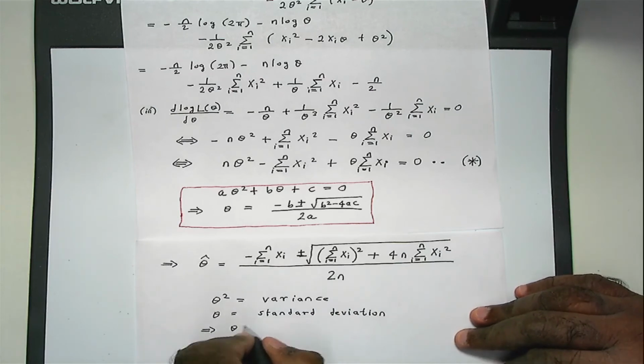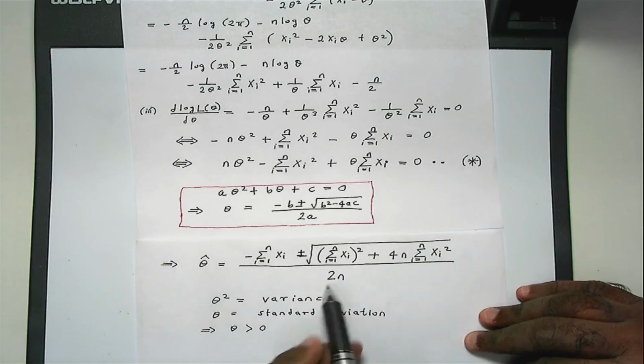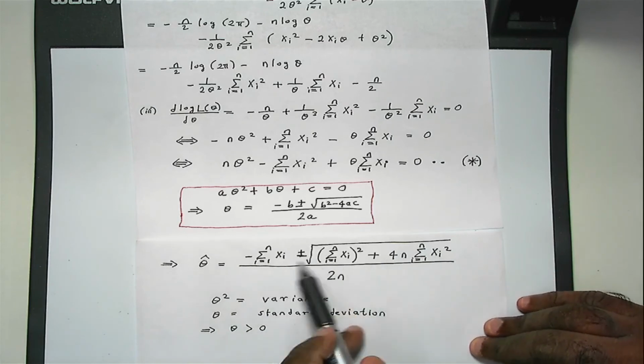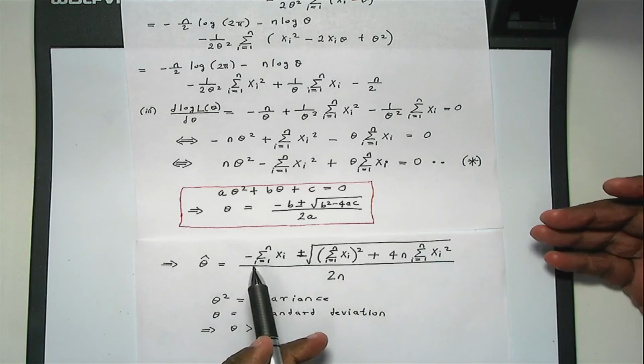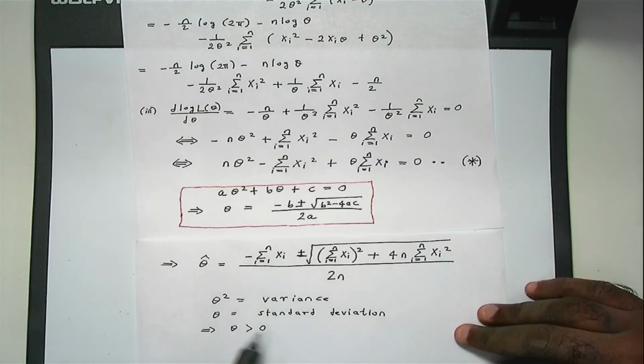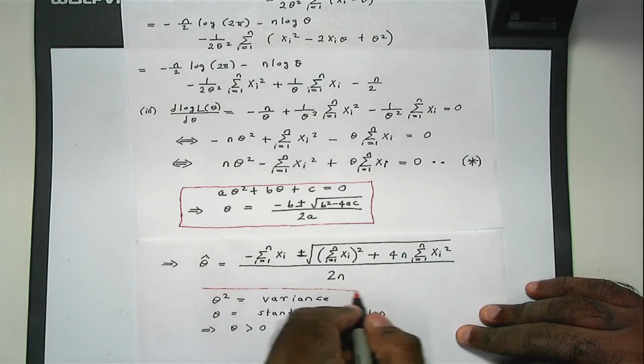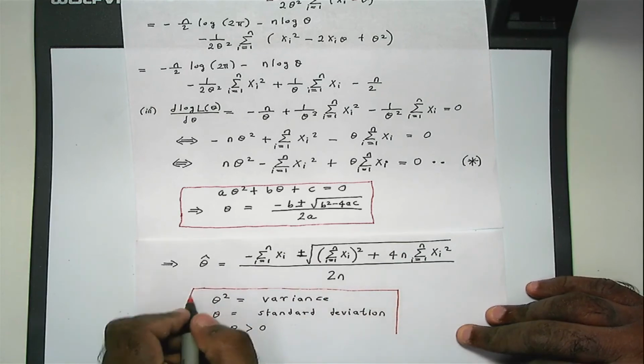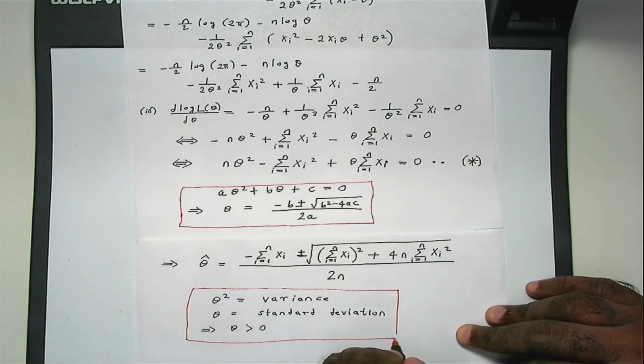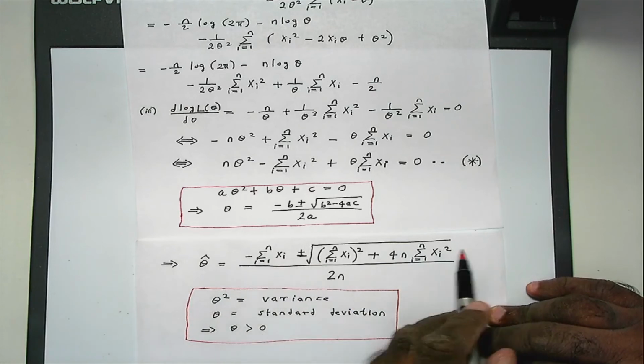So of these two roots, the one with the negative cannot be valid, because theta cannot be negative as it represents the standard deviation. The valid root is the one with the plus: minus the sum of xi plus this, divided by 2n.